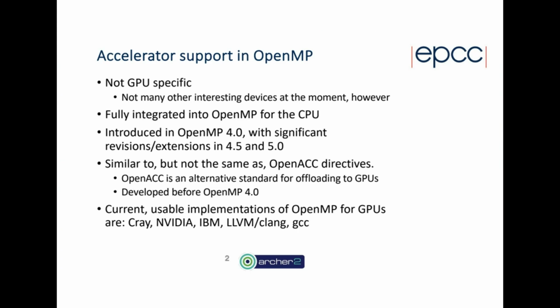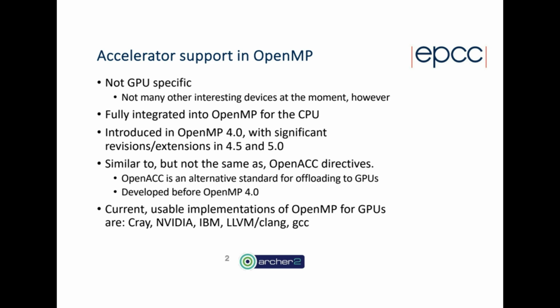Okay, so a little bit of background about the accelerator support in OpenMP. Part of the reason why it took rather a long time to get into OpenMP was that it was designed not to be GPU specific. At the time when this was added to OpenMP, there was at least one other interesting device out there, which was the Intel Xeon Phi.